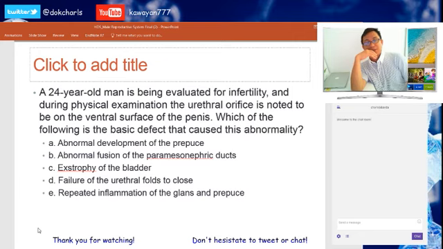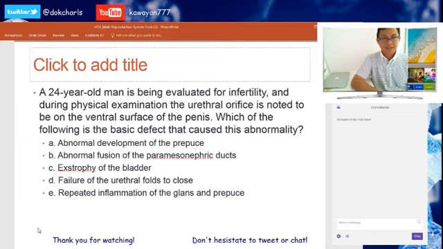Which of the following is the basic defect that caused this abnormality? A. Abnormal development of the prepuce. B. Abnormal fusion of the paramesonephric ducts. C. Exstrophy of the bladder. D. Failure of the urethral folds to close. E. Repeated inflammation of the glans and prepuce.